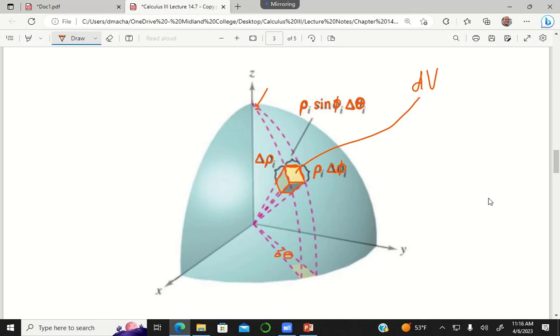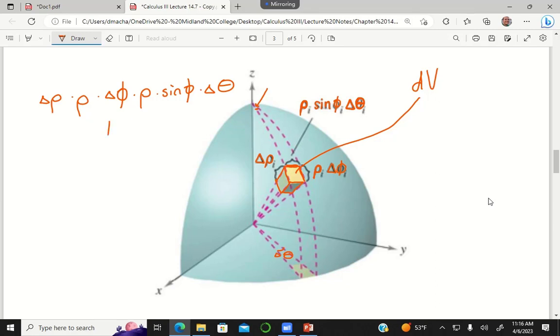And so if you multiply these together, like you would if you were taking the volume of a rectangular prism, then we would have d rho as one of the side lengths, times rho delta phi as the side length, times rho sine phi delta theta, which is this side length.